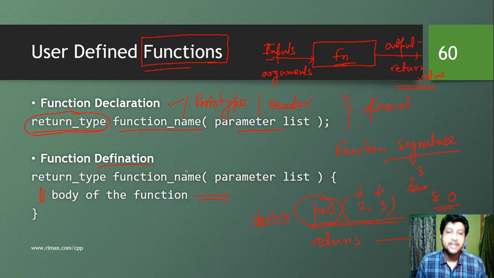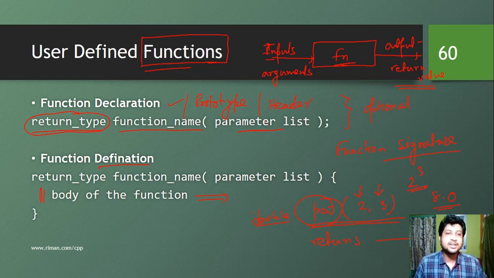So this function declaration, or this function name, actually tells what this function is going to be, what will be the input to the function, and what will be the output from the function. The function definition actually specifies how these inputs will turn into the return value. So this is how you can define a function definition.